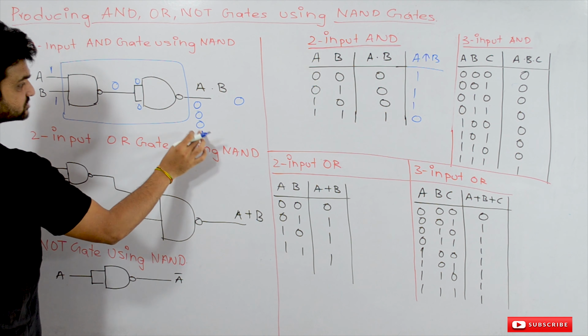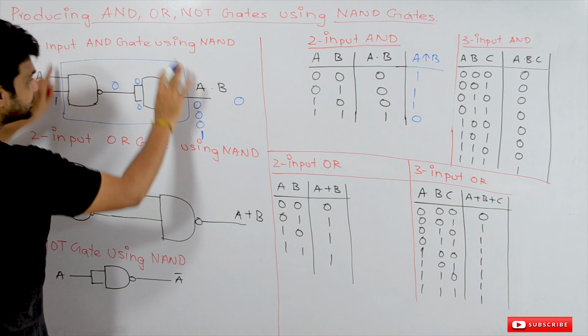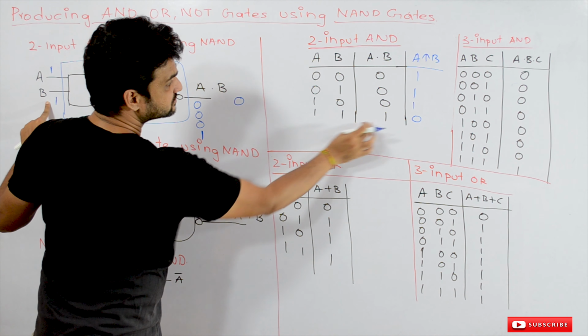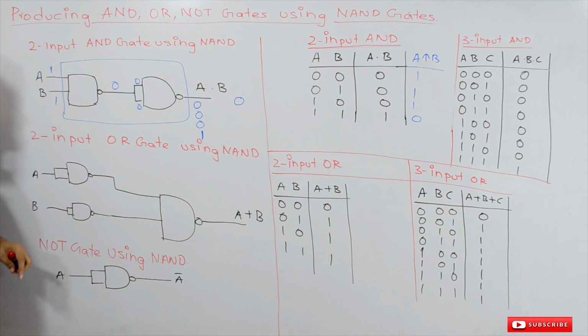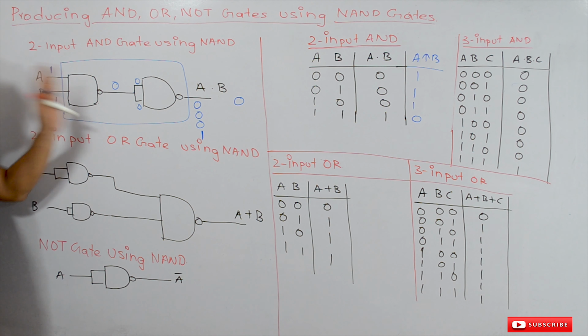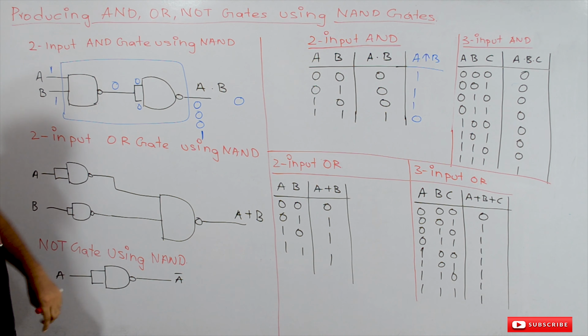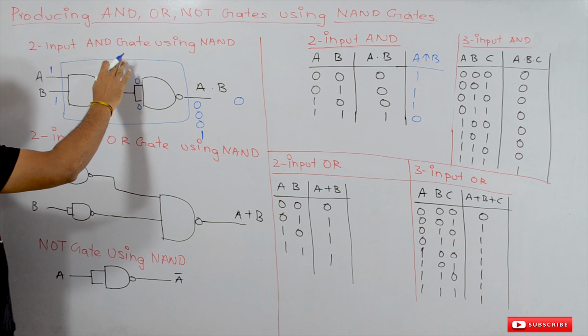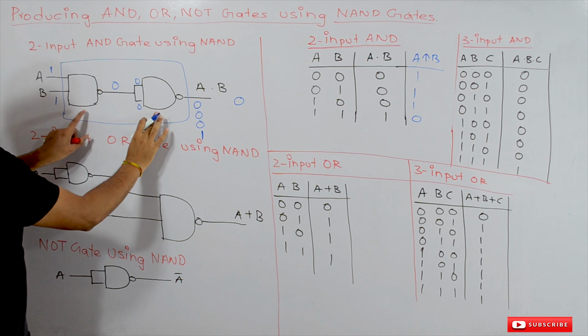So for 1 1 the entire circuit is going to produce a 1. So the 1 1 AND operation is going to be 1. So this is how an AND gate can be produced by using NAND gates. This is a 2-input AND gate produced by using NAND gates.